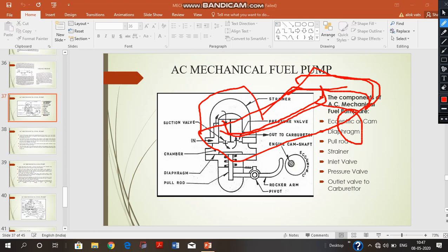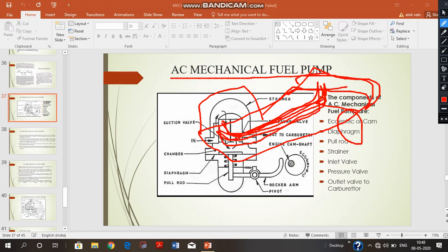So by gravity we cannot be assured, without any proper means, that the fuel from the fuel tank will reach the carburetor. In order to facilitate the proper supply of fuel from the fuel tank to the carburetor, it is essential to have a device, and that device is the mechanical fuel pump.